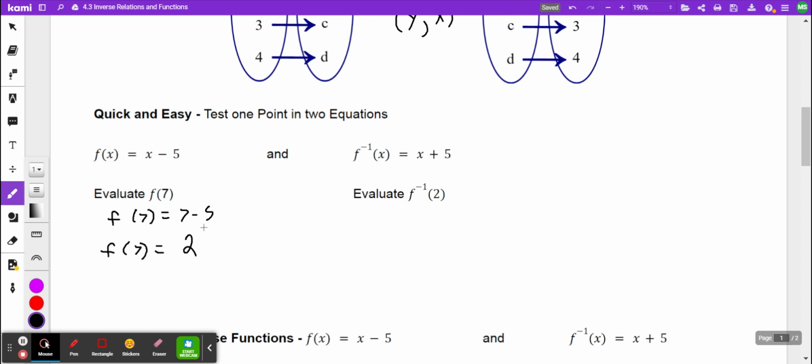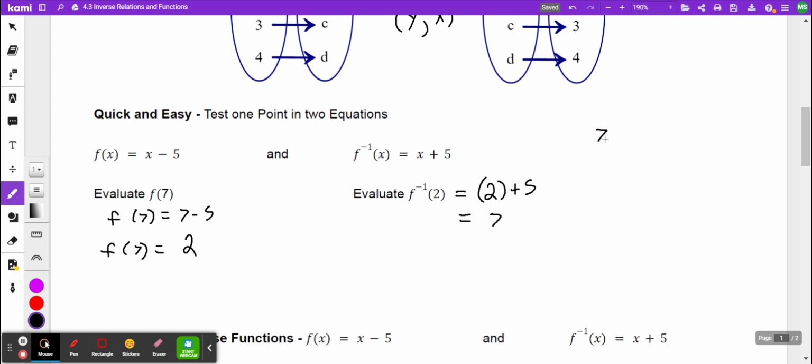So if we plug this into what we think is our inverse, we should get the input of 7 as our output. So now I'm going to input this into our inverse. Plug 2 into the inverse, and we get 7.